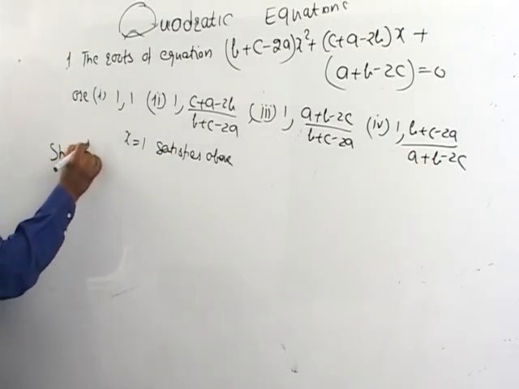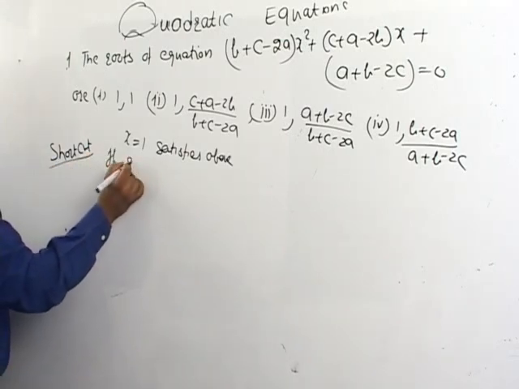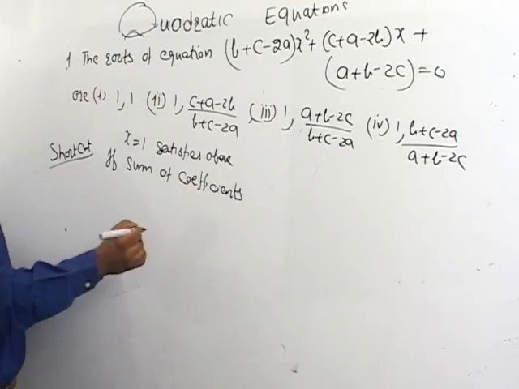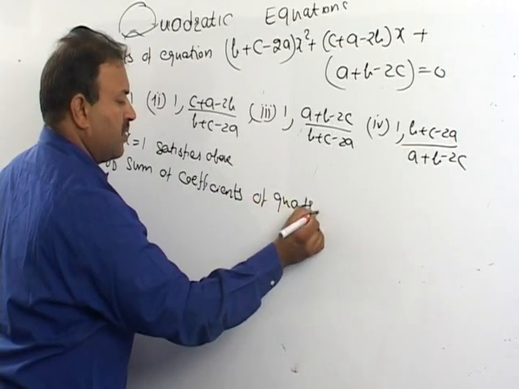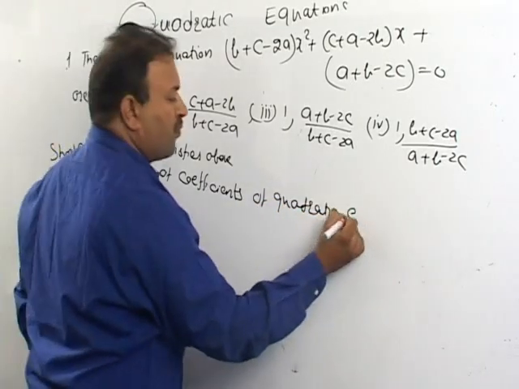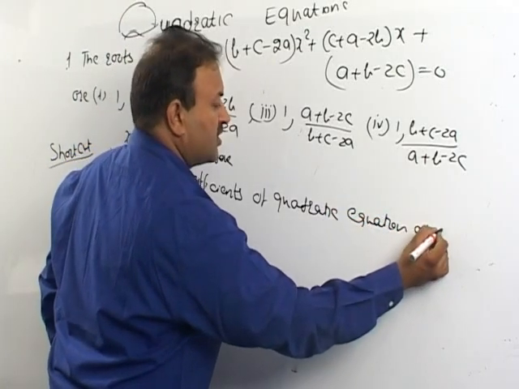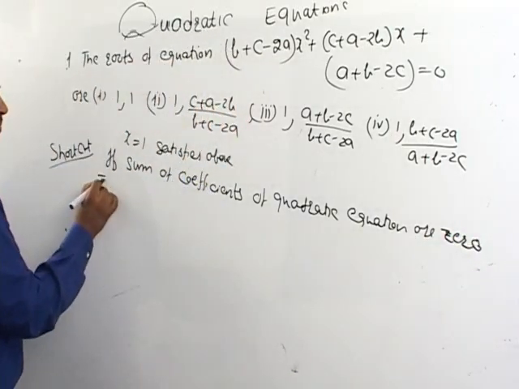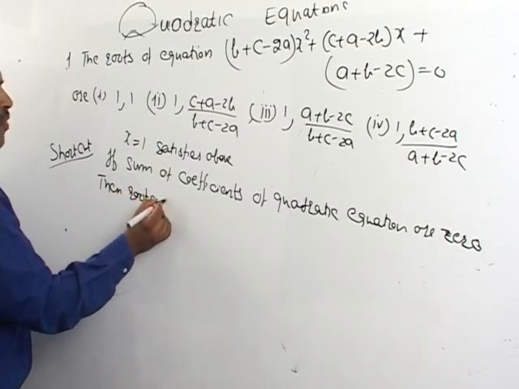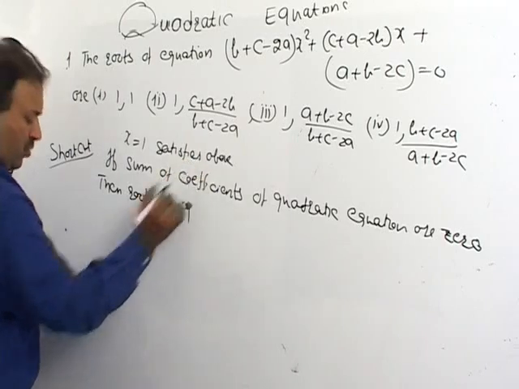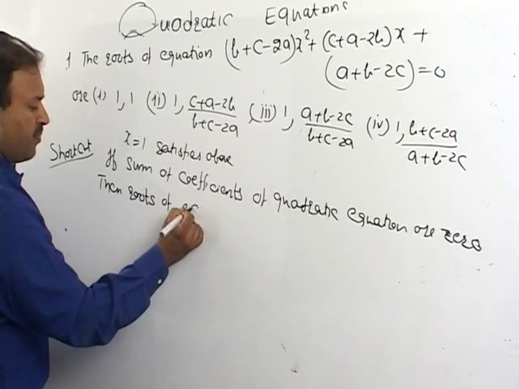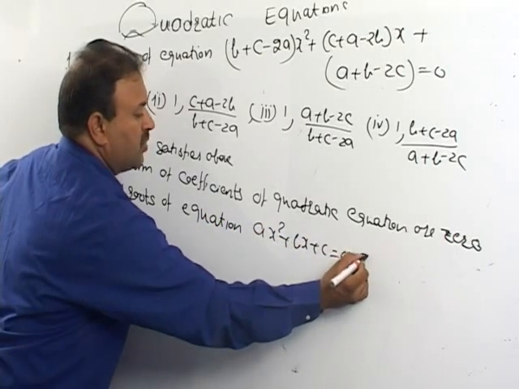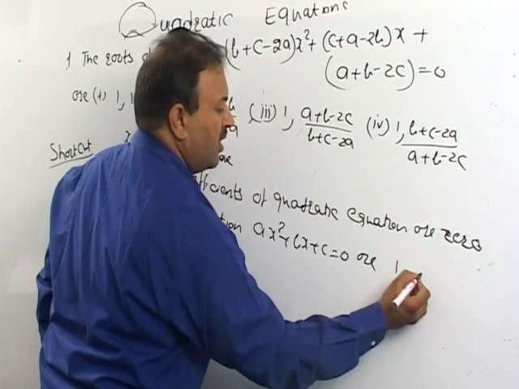The shortcut is: if sum of coefficients of quadratic equation is 0, then roots of equation ax square plus bx plus c is equal to 0 are 1 comma c over a.